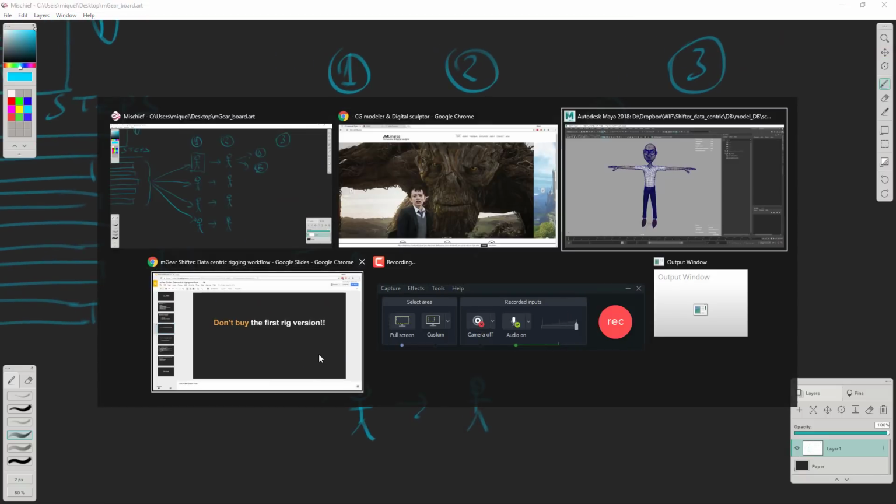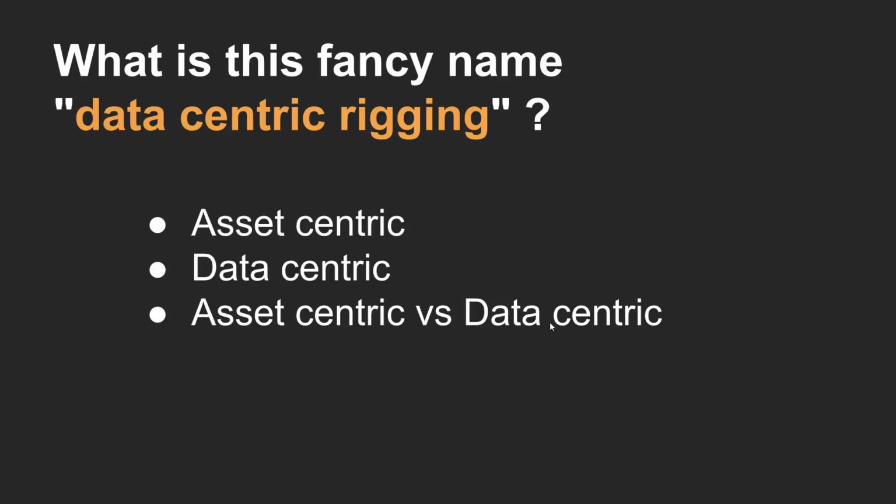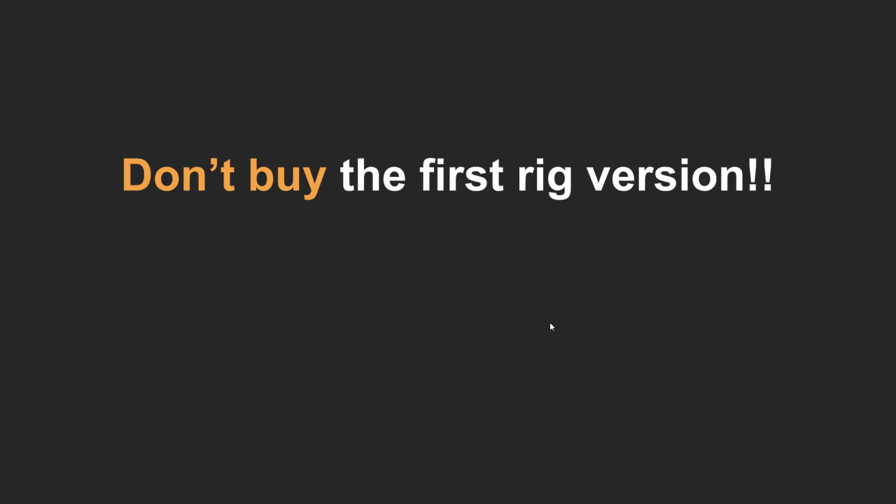So if I'm going back here to my presentation, okay, so don't buy the first rig. Sorry, here. So don't buy the first rig version. That's the idea. You normally do that when you don't have options to change, or it's too costly to change this rig.